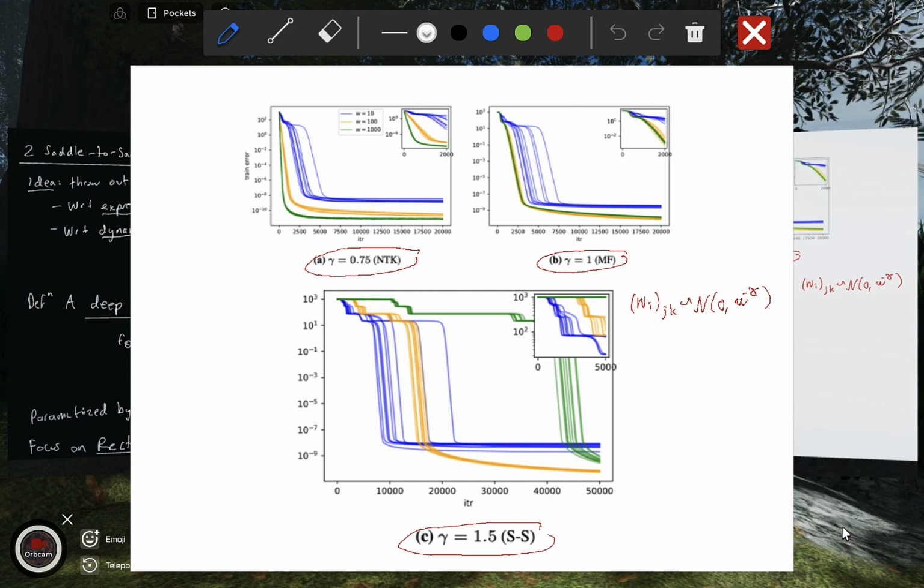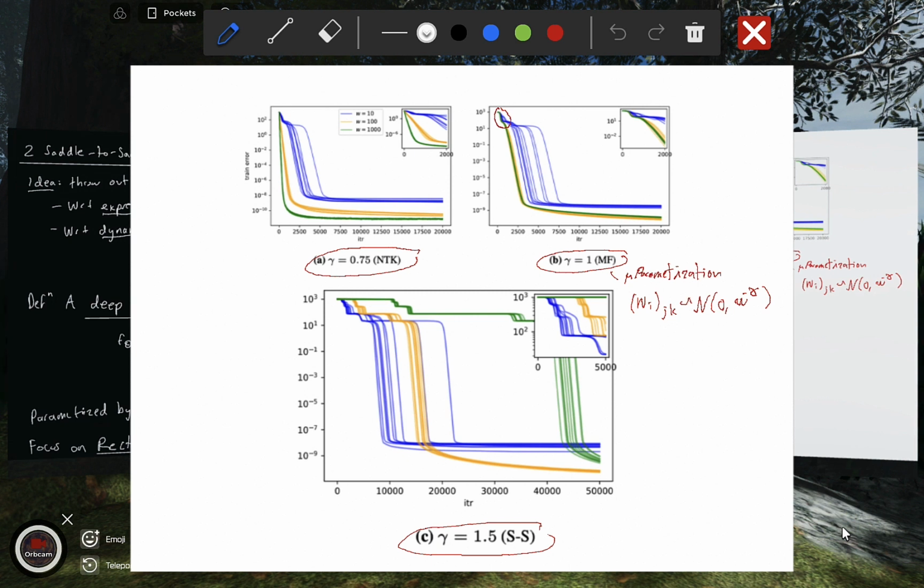For the second picture, this one is called the mean field regime. This turns out to be more generally equivalent to Greg Yang's mu parameterization. And again, if you look very closely, you'll see that even for larger models, there's a kink there that you can't get rid of.